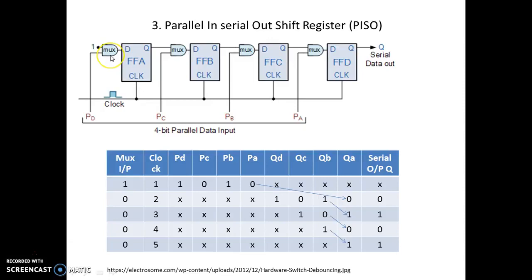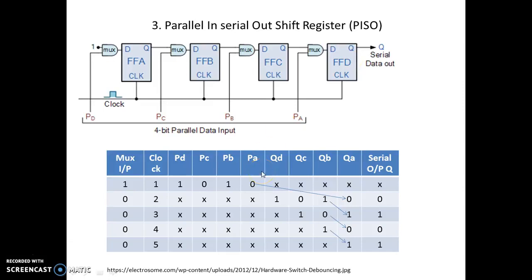Then the mux is switched to the upper side so that no more data can come from the input side, and only the data of the upper part, that is D to Q, is shifted outside.